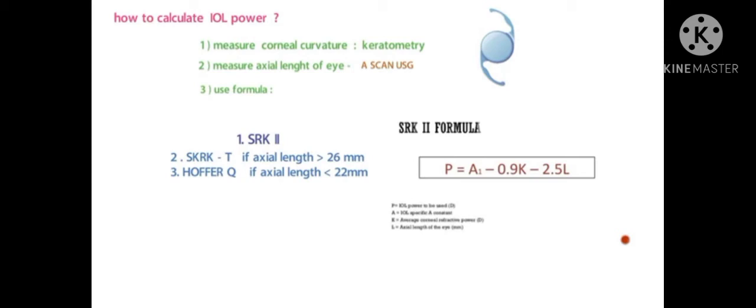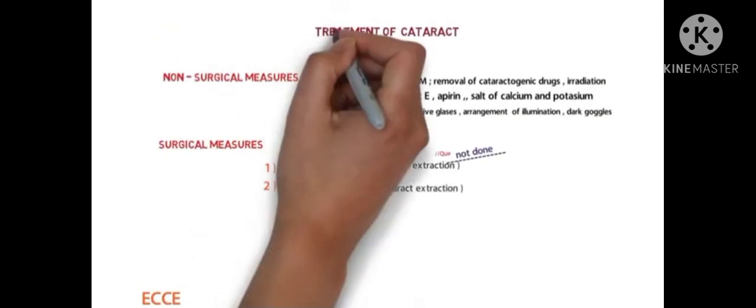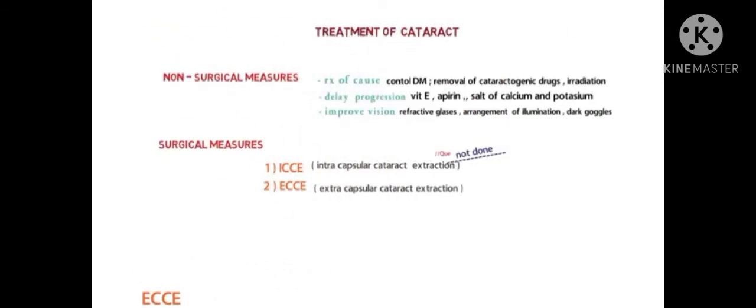So this is all about the management of cataract in adults, and in this lecture we focused on all the important points of this topic. So do a quick revision. First we talked about the non-surgical measures. After that, in surgical measures we have two methods, that is ICCE and ECCE.